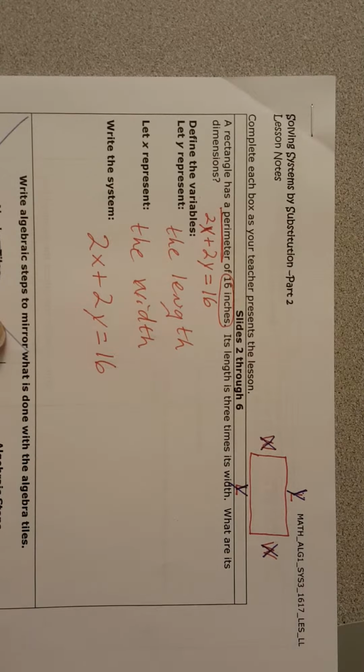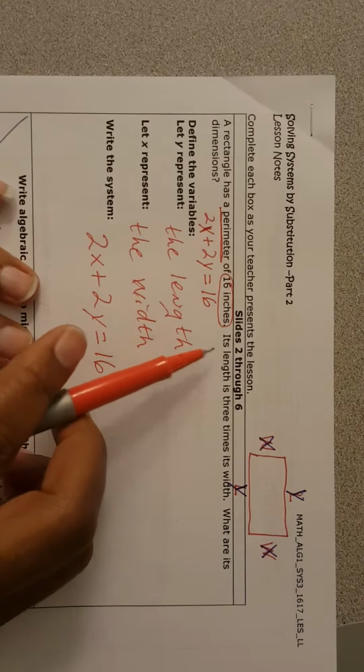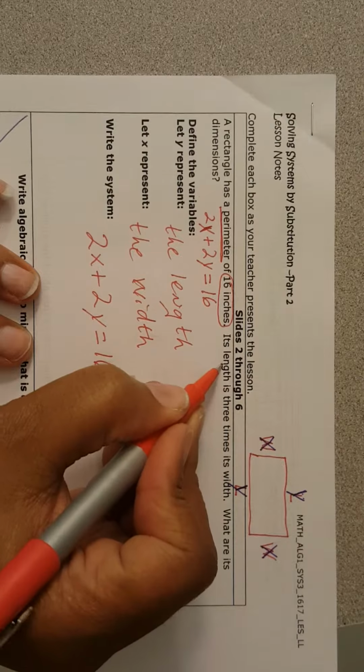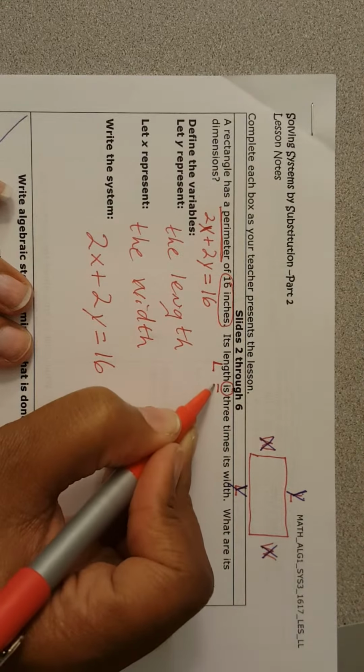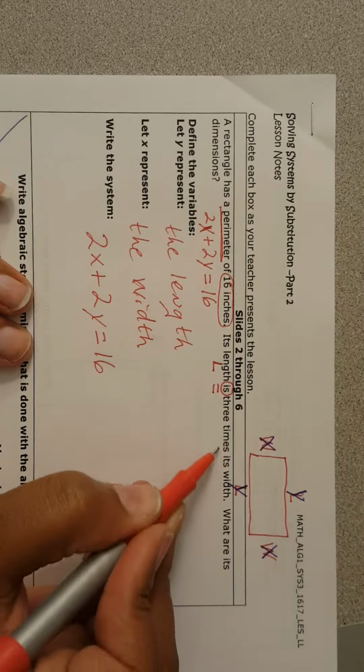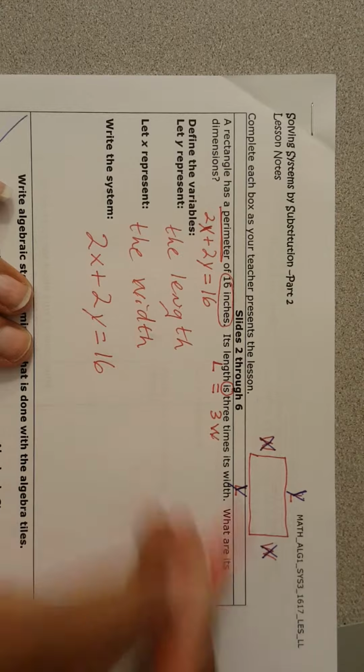Now, remember, a system needs at least 2 equations, so our second sentence will tell us the second equation. The length, that's L, is, very powerful word, means equals 3 times the width. Well, that would be 3w.